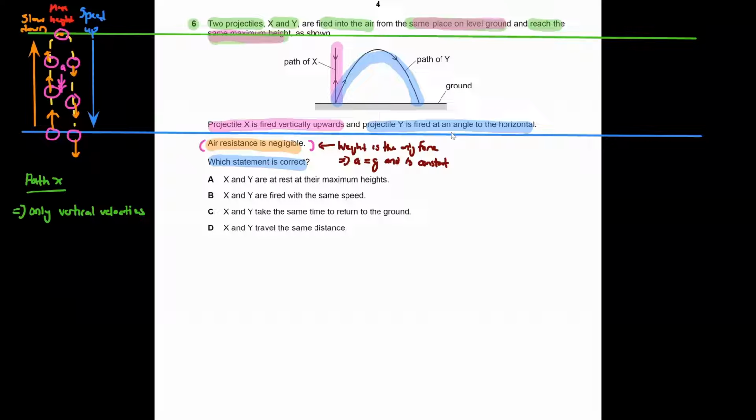Then if you look at path Y, the projectile was projected upwards at a certain speed at an angle to the horizontal. It would have moved upwards to reach the maximum height, and then it will fall back down and hit the ground again in a manner similar to this.